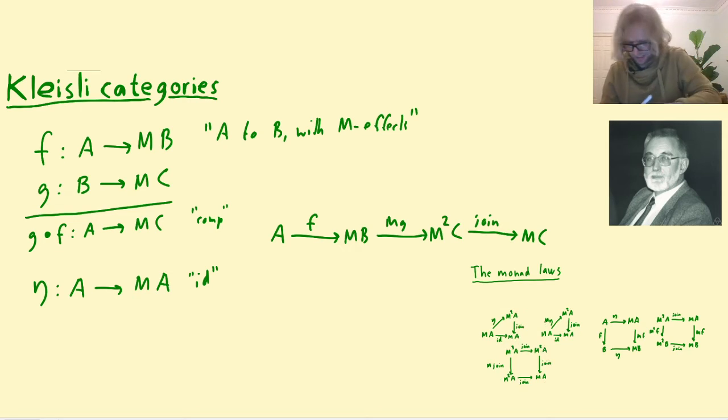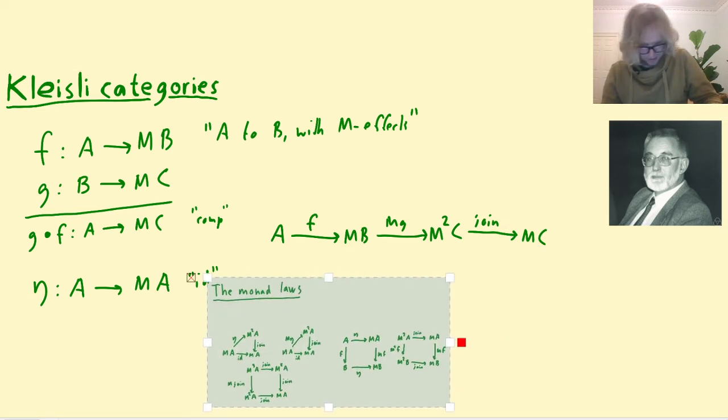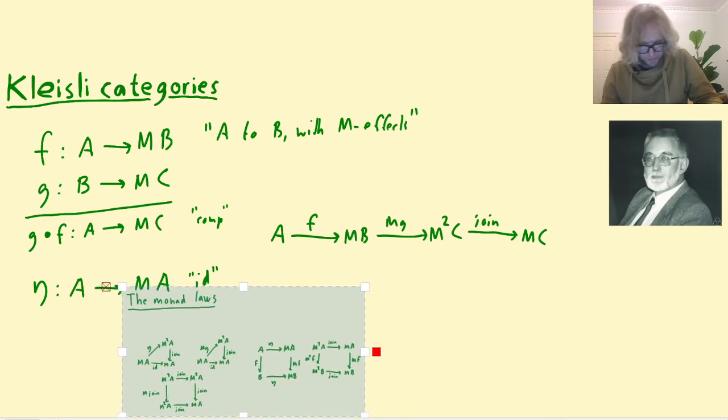And then we also had two diagrams commuting because both return and join are supposed to be natural transformations.